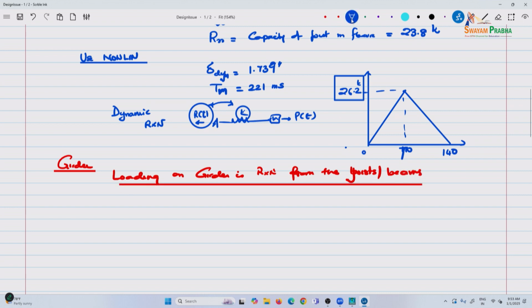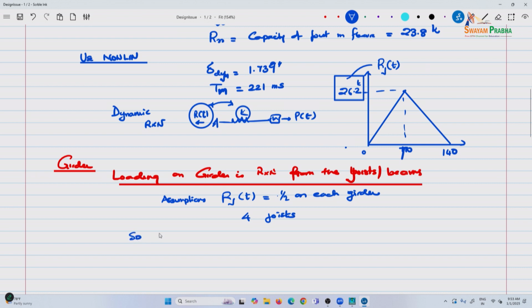So let's start with the assumption, let's call this f of x, or R, let's say joist, Rj of t. So the assumption is the reaction on the joist is half on each girder, and there are 4 joists.